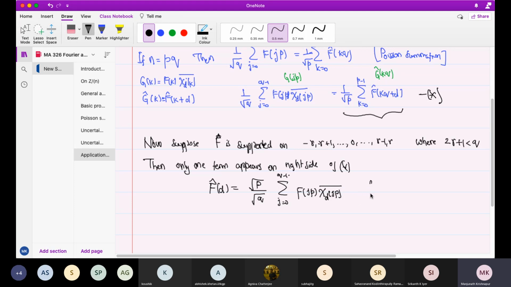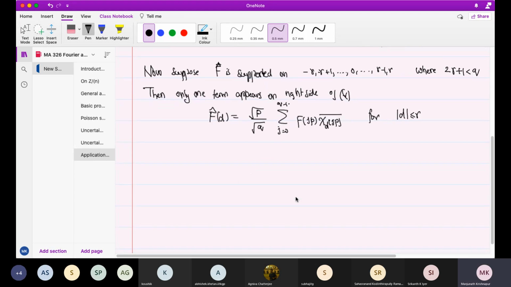Okay, so this is true for mod d less than or equal to r. I can do it for all d in minus r to r, and the only term that remains here is the one with k equal to 0. If d is in minus r to r, then the term that falls in this interval, because f hat is 0 outside of this, is only the one with k equal to 0, which is f hat of d.